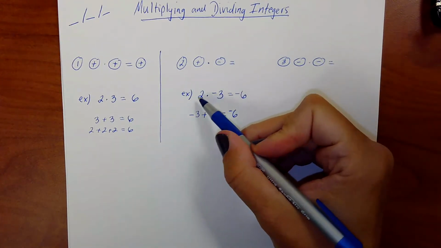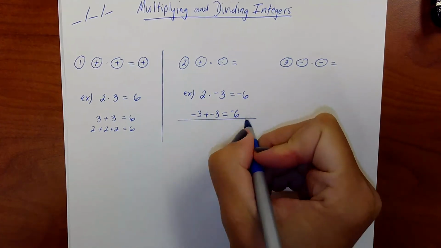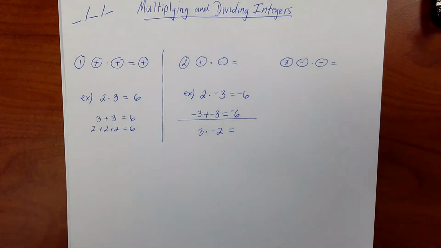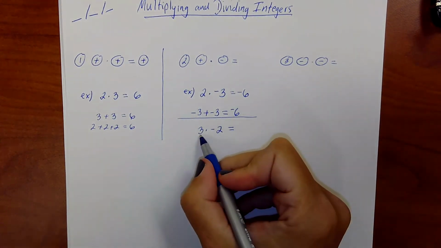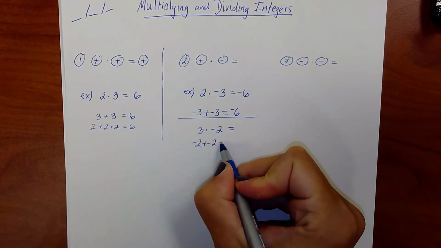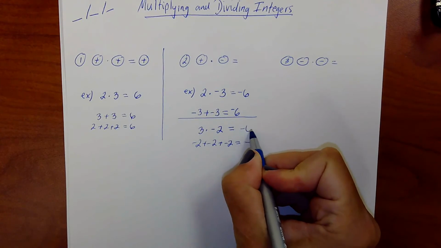So if you have one of the numbers negative, now this is actually nice. If I flip it, let's say I do 3 times negative 2. Okay, that would be 3 groups of negative 2. Negative 2, negative 2, negative 2. That would also add up to negative 6. So this is cool.